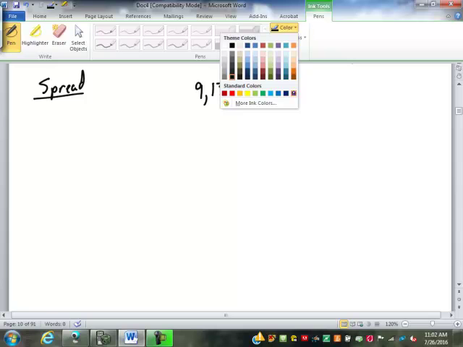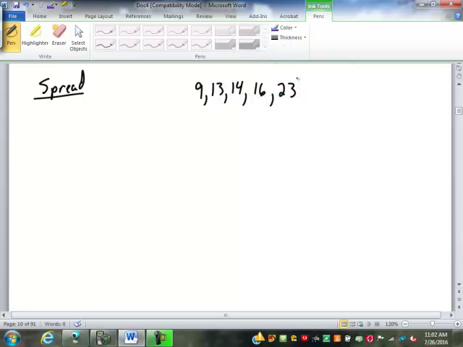One way to express spread is the range. The range is simply the largest minus the smallest. So again, I've put these in order, so the largest number would be 23 minus the smallest number, 9, gives us a range of 14.